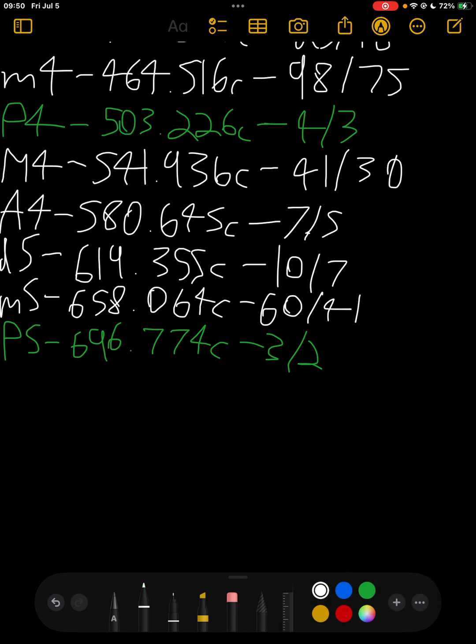Then you're going to have the major fifth with 735.484 cents, and that will be 75 to 49.